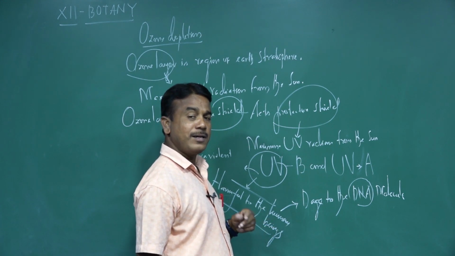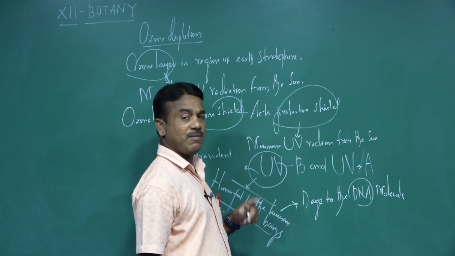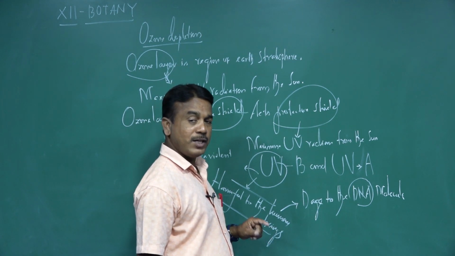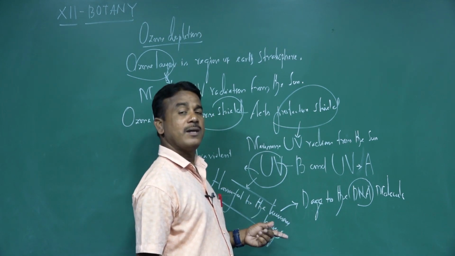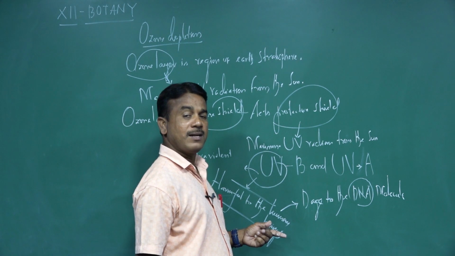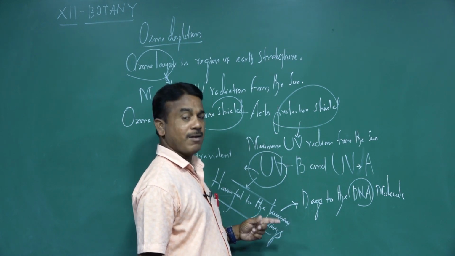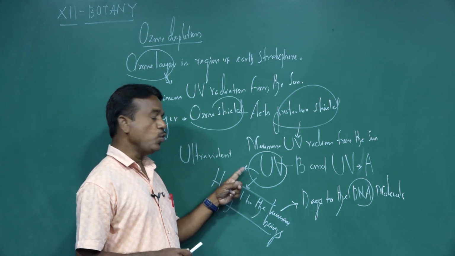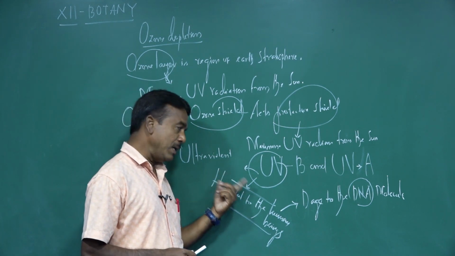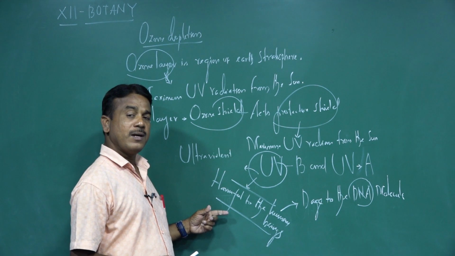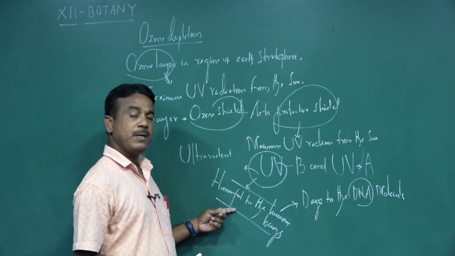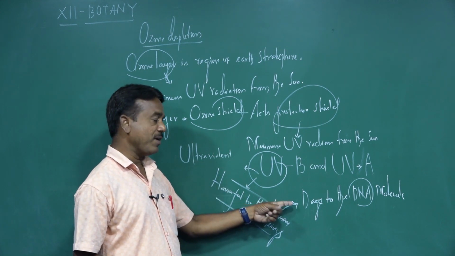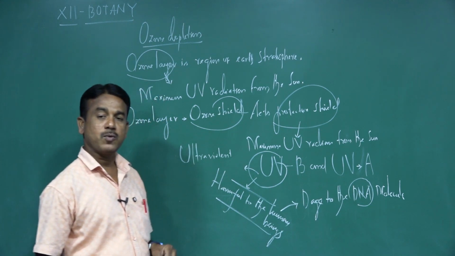DNA is the genetic material of most living organisms, even including viruses, because a virus's genetic material is either DNA or RNA. So here, due to the entry of UVB or UVA, it has a harmful effect on human beings. Particularly, it can affect the DNA molecules.